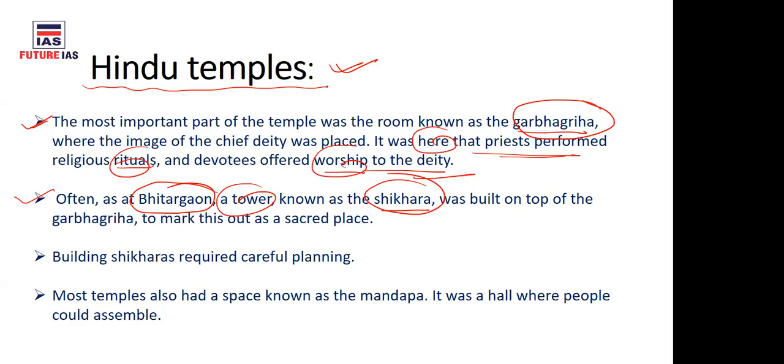That marks out the significance of that sacred place, because the main deity is placed in the garbhagriha. A tower with a shikhara gives outstanding importance to the sacred place.